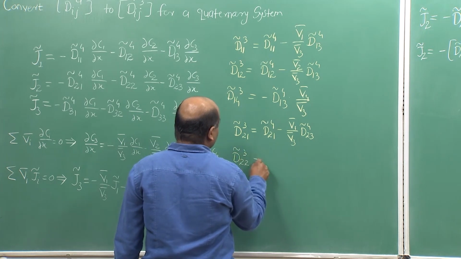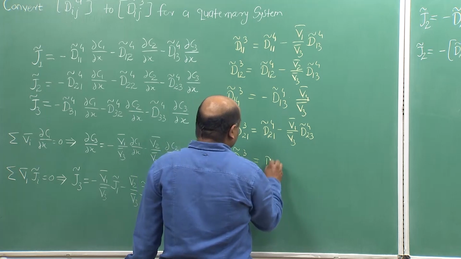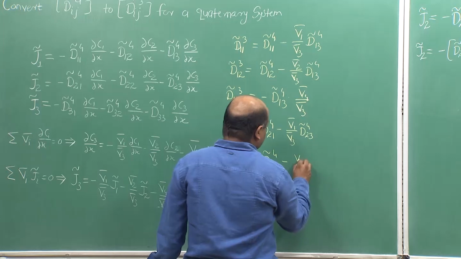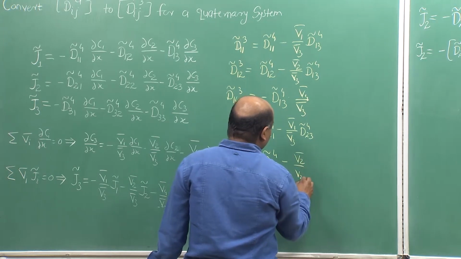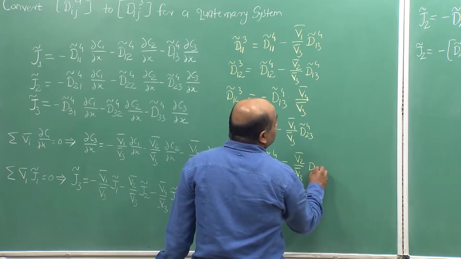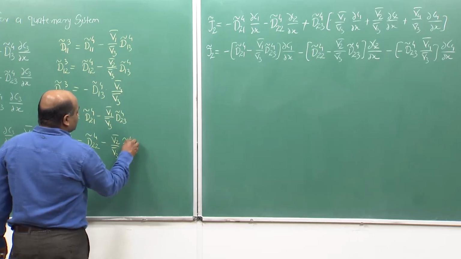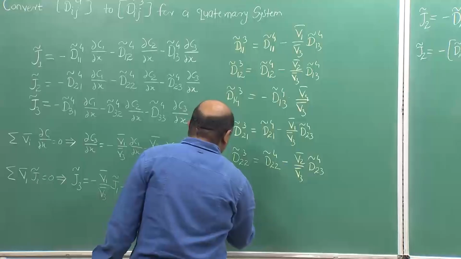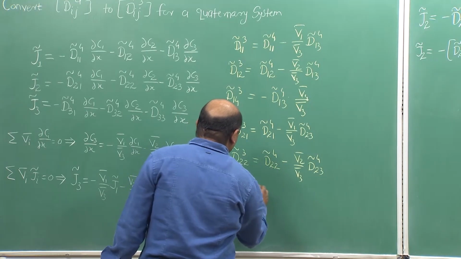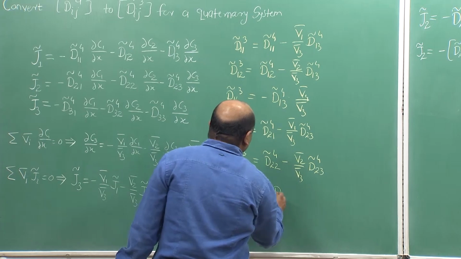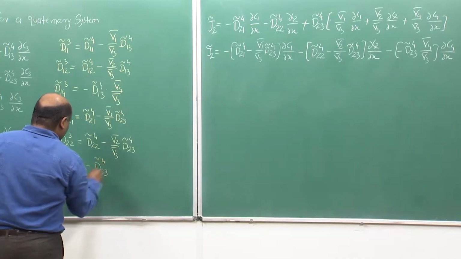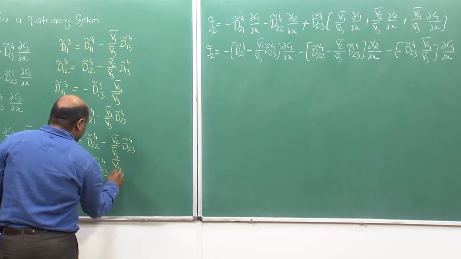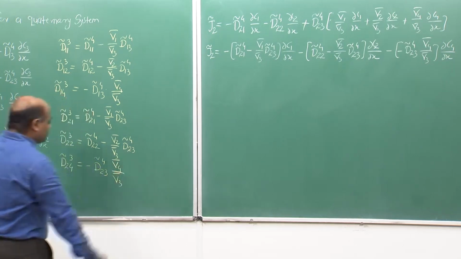D22 tilde 3 is equal to D22 tilde 4 minus V2 bar over V3 bar into D23 tilde 4, and D24 tilde 3 should be equal to minus D23 tilde 4 times V4 bar over V3 bar.